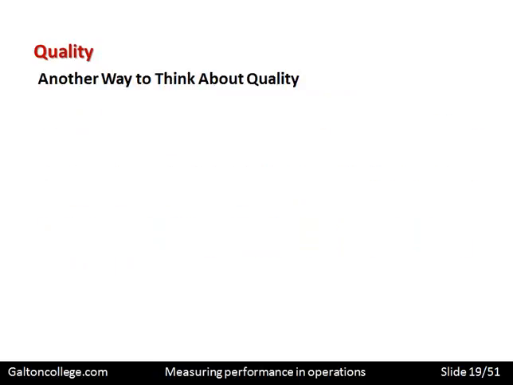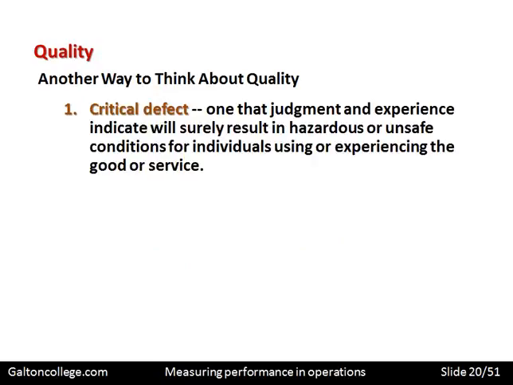Another way to think about quality, this is going in the other direction, but we could think about quality in terms of a critical defect. One that judgment and experience will indicate will surely result in a hazardous or unsafe condition for individuals using or experiencing the good or service.